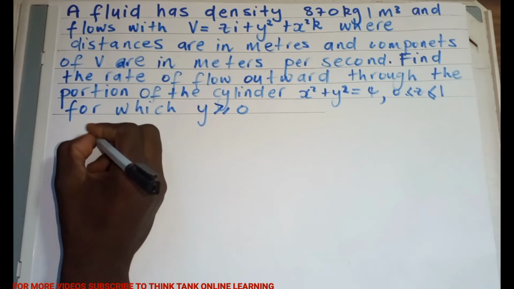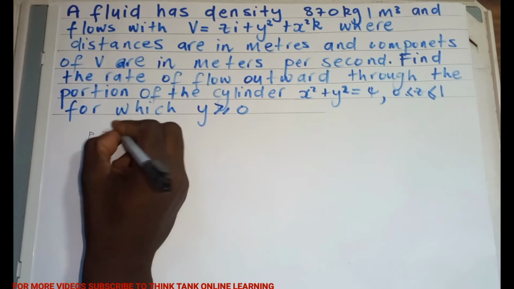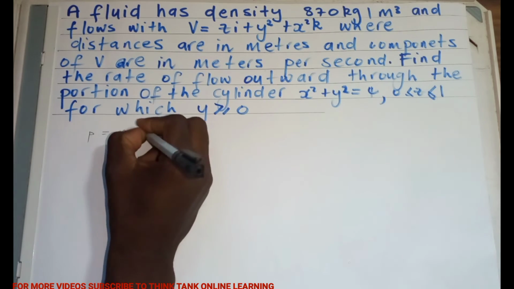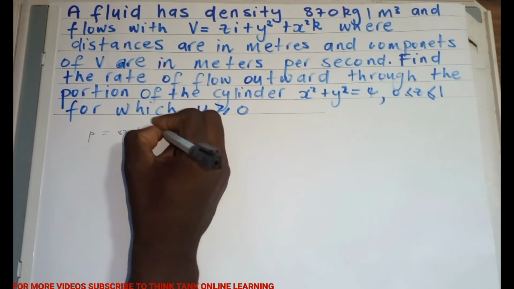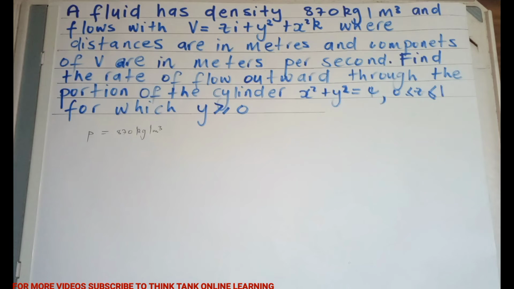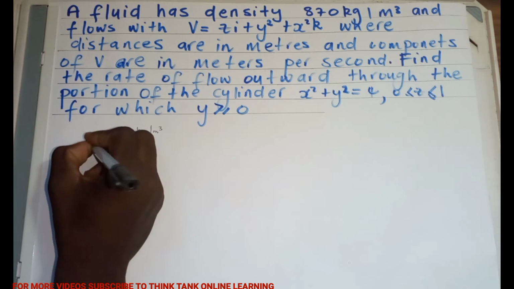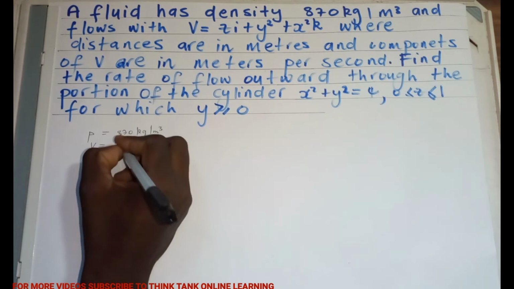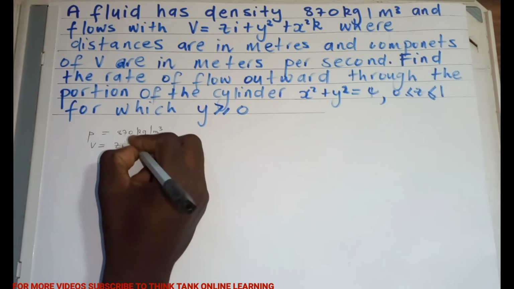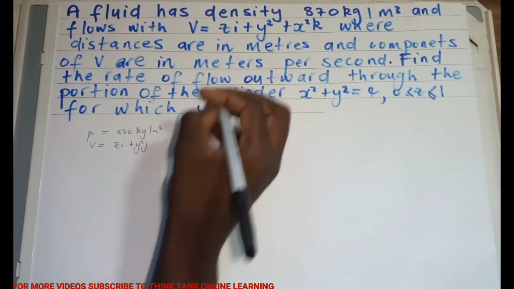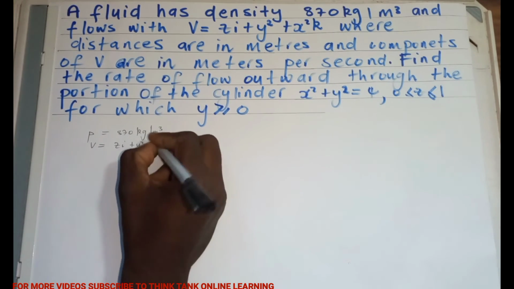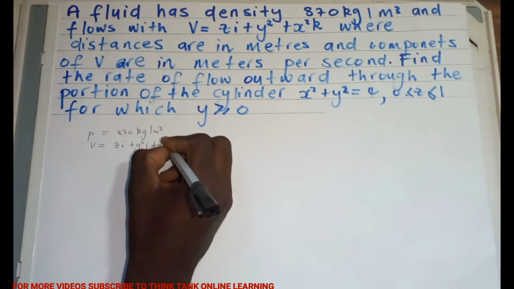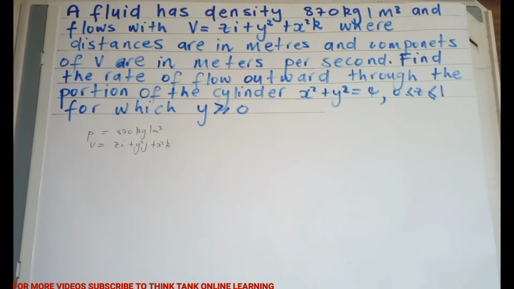We have the density, which is 870 kilogram per cubic meter, and we have the velocity, v equals c i plus y squared j plus x squared k.